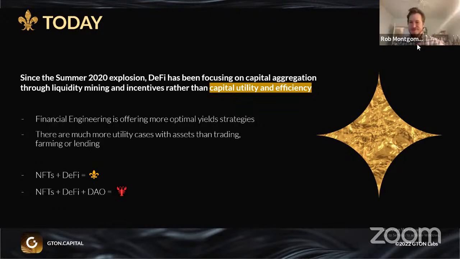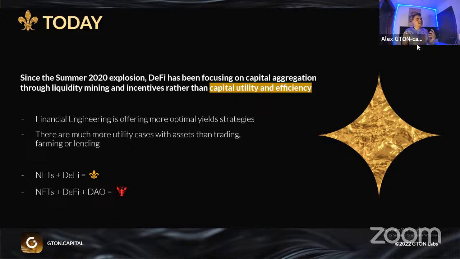So first of all, what we're talking about today, two years ago, there was an explosion of DeFi protocols, right? And the most focus of those DeFi protocols has been around liquidity mining and incentives. And you have seen a lot of new projects with more and more incentives on top of different liquidity mining approaches.